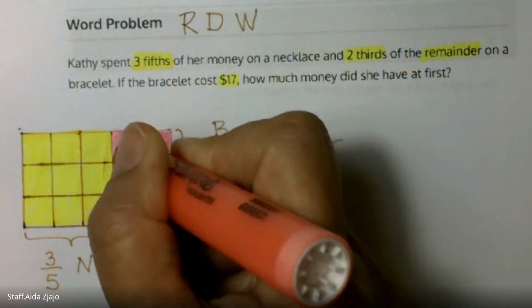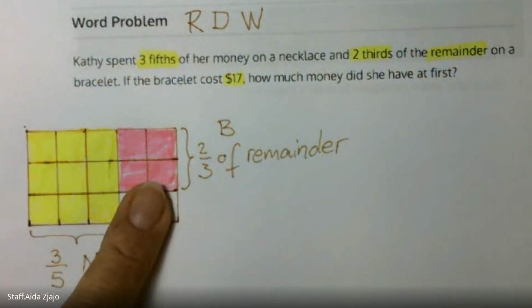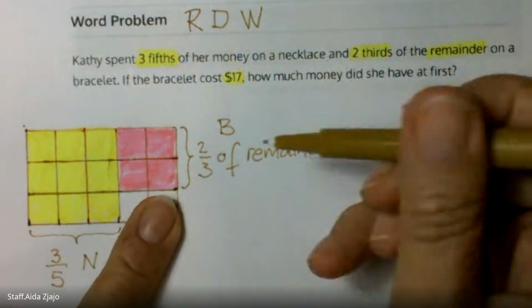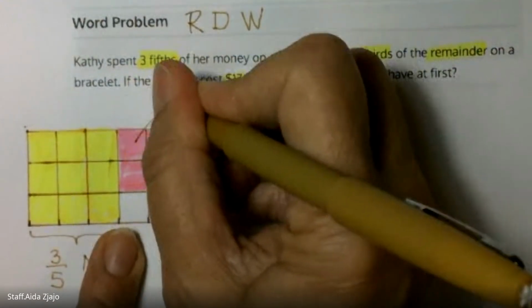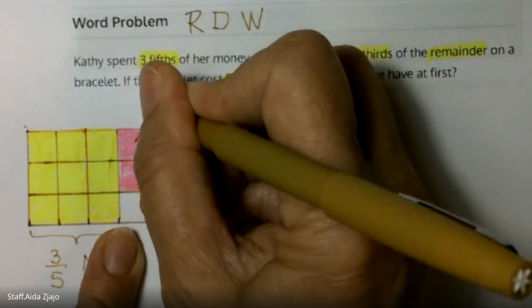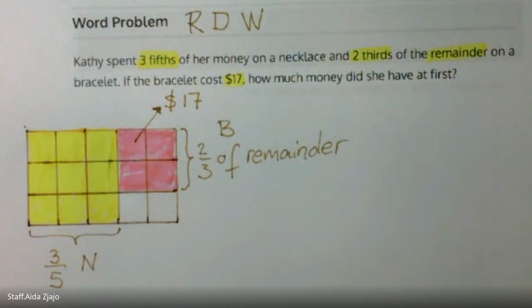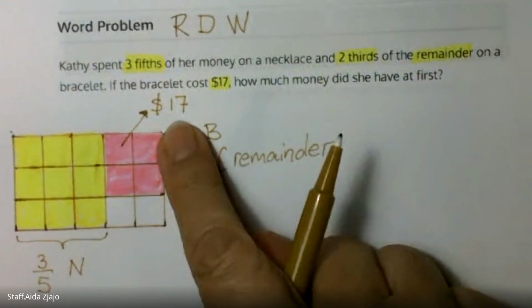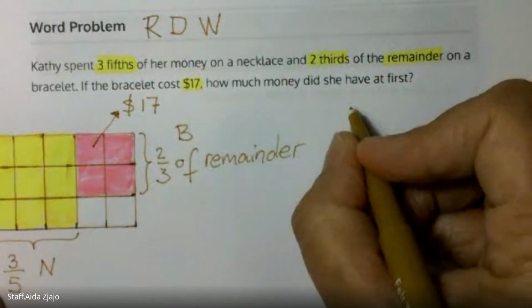So what we need to know is how much is 1 unit if 4 units is $17. So this represents $17, all of that. The next step would be to use division.